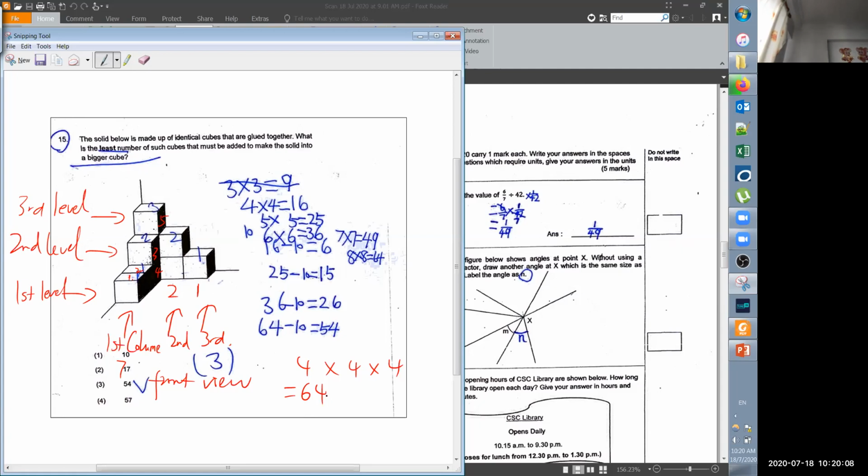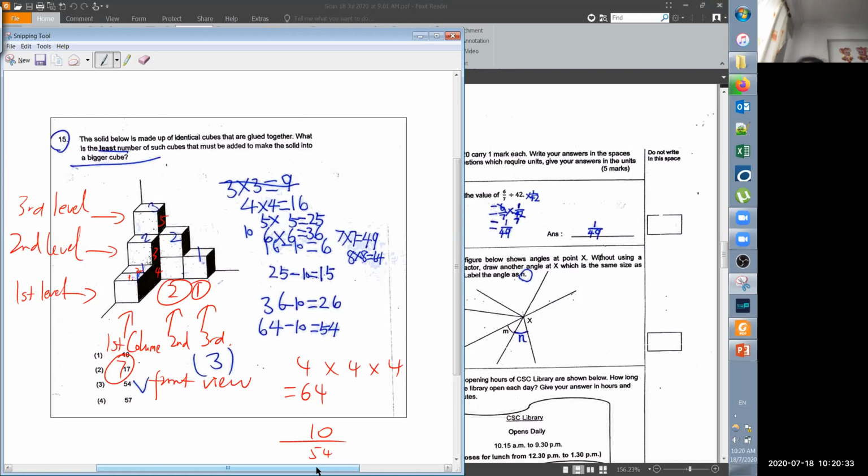So how many cubes do you already have? You have 7, 2, 1. So 7, 2, 1. So it's 11, 10, right? So you already have 10. So you need how many more? Isn't the answer 54? Is the answer 54?